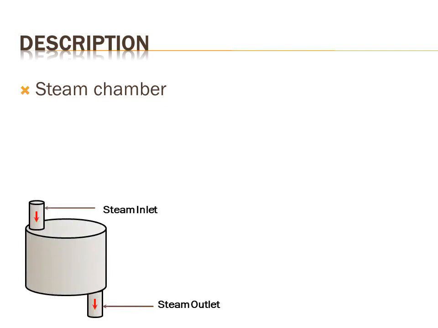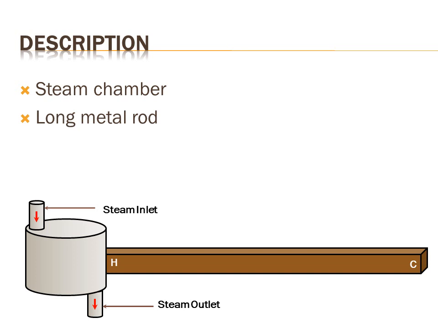Moving on to the description of the experimental setup for this method. We have a steam chamber which is provided with an inlet for steam as well as an outlet for the steam. It consists of a long metal rod HC of uniform area of cross section.